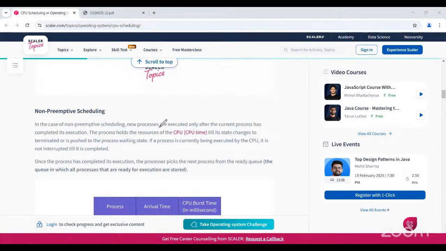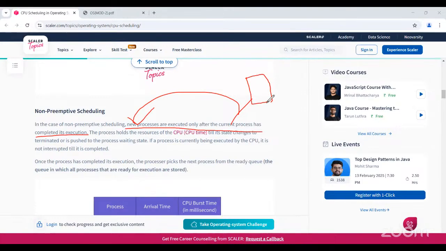The new processes are executed only after the current process has completed its execution. So it always gives priority to the current process over the new process. The new processes will not be executed first. First, it will execute the current process.